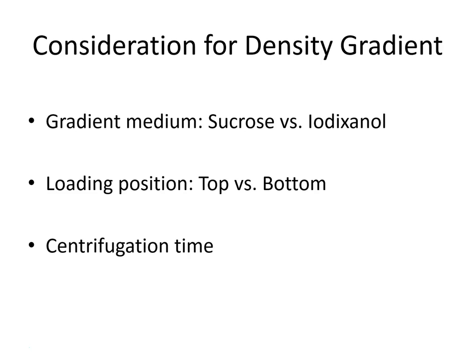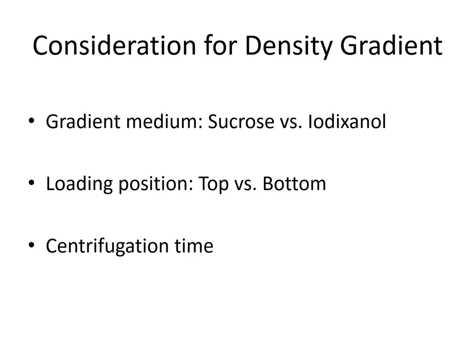In summary, these are the factors to consider when we use density gradient. First, you have to choose a gradient medium, sucrose or iodixanol. Then you have to choose the loading position, top loading or bottom loading, based on your purpose of study. In addition, centrifugation time is very important.